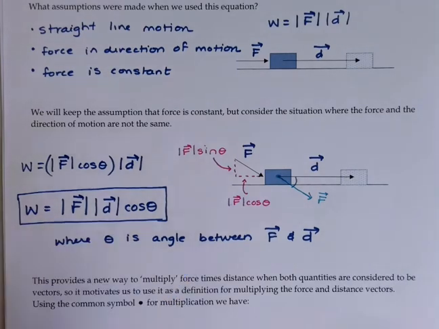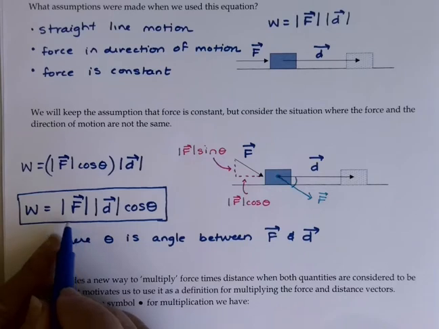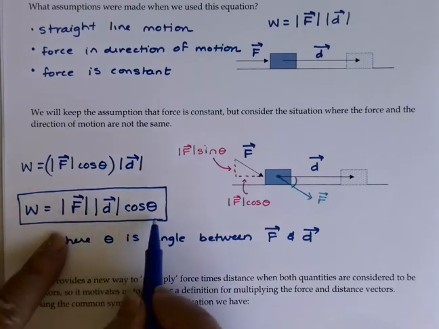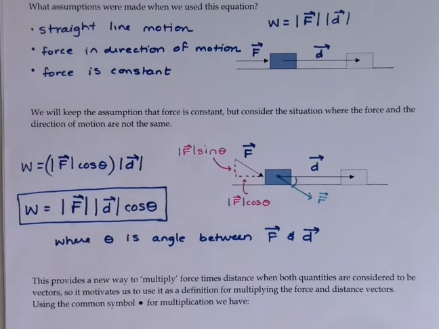All right, this actually provides a new way to multiply two vectors together. I could consider this the product of the force vector with the distance vector. And we'll use that to define our dot product. We'll say the dot product of the force and the distance is magnitude F, magnitude D, cos theta.